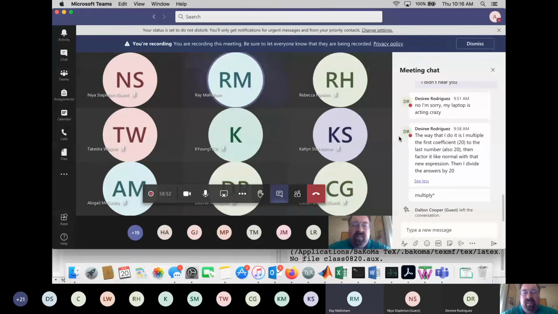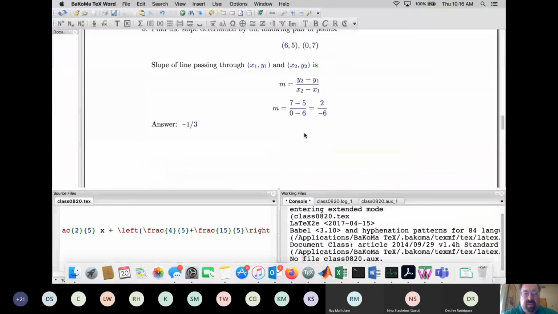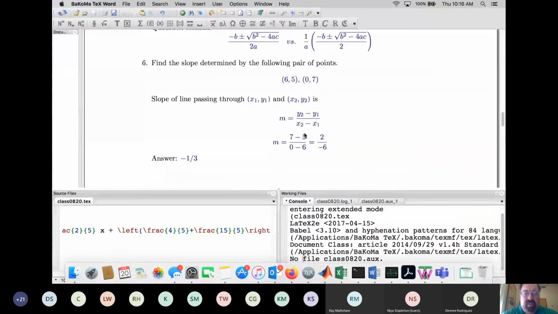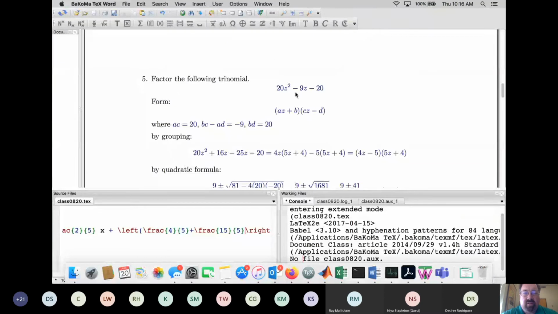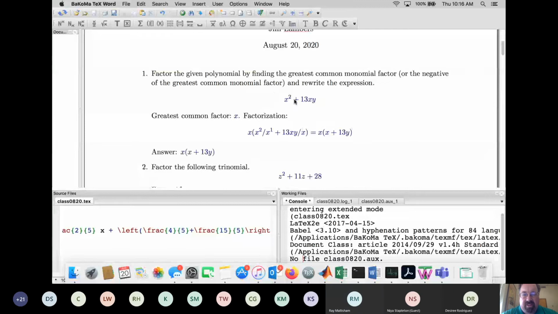Could you go over another one of the factors where you have to find a variable? Okay. So this one, you mean? Another one like x squared plus 13x. Okay. All right. So you want me to do another one of these? Yes.